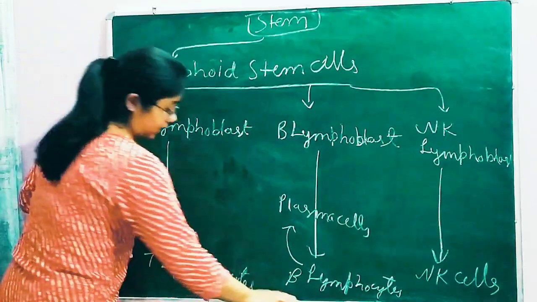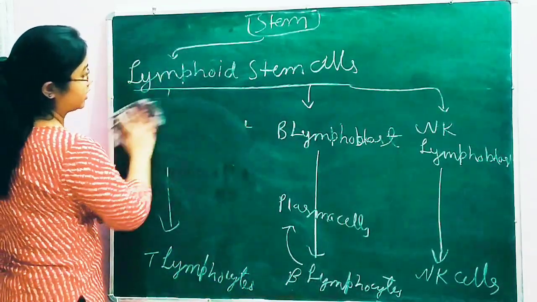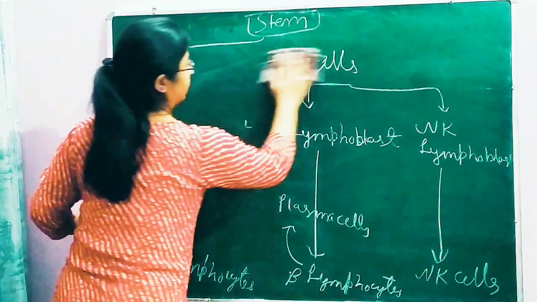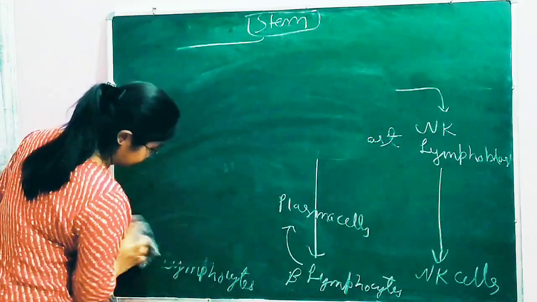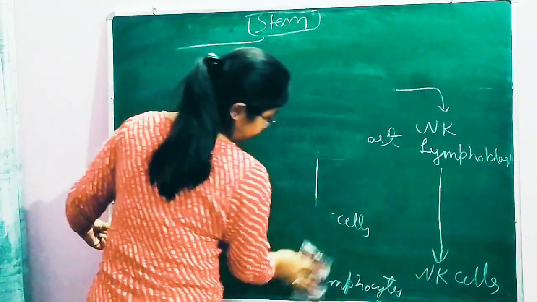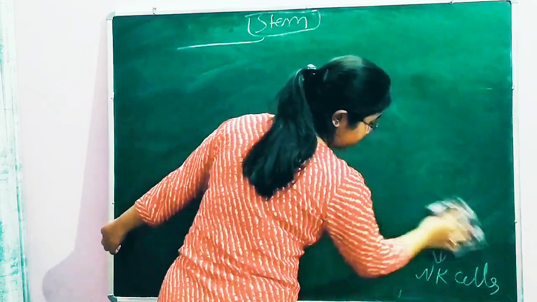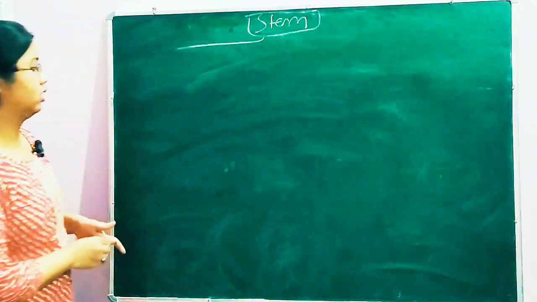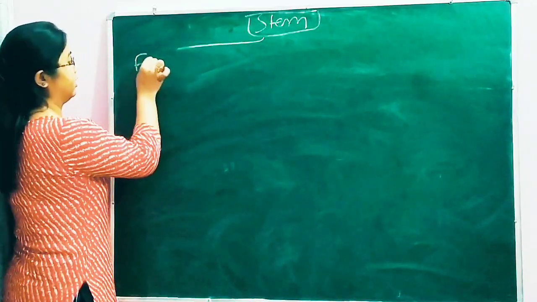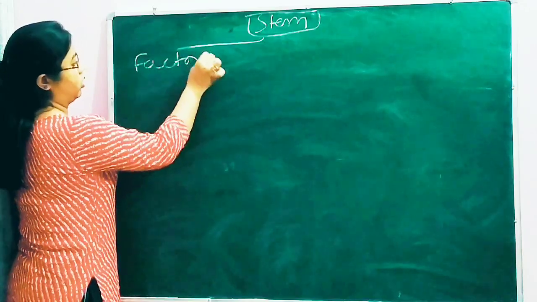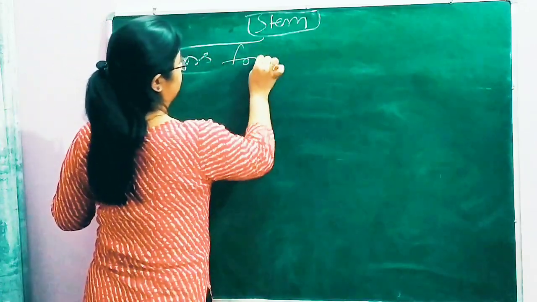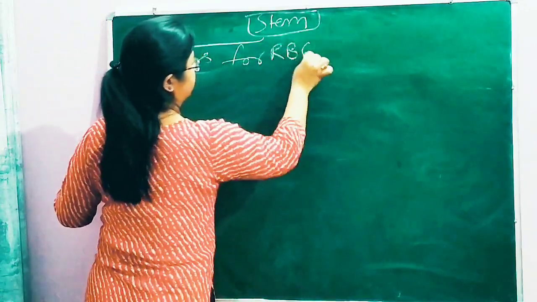Now here we complete the haemopoiesis process, but we see some of the maturation factors required for RBC maturation.